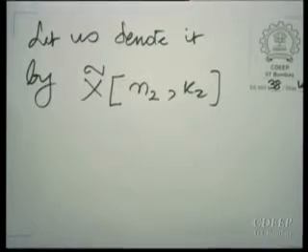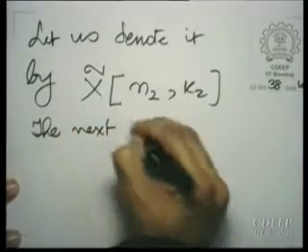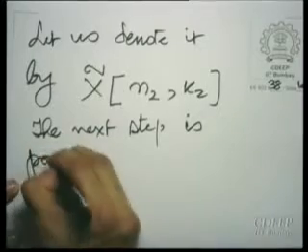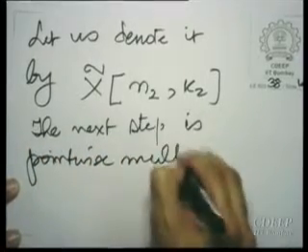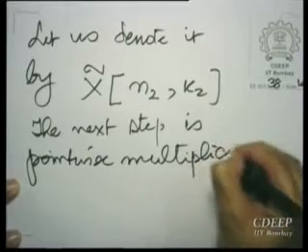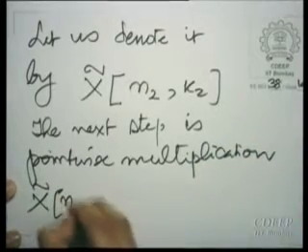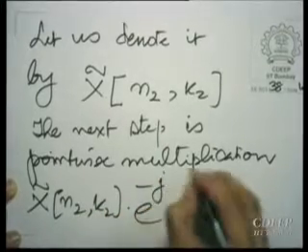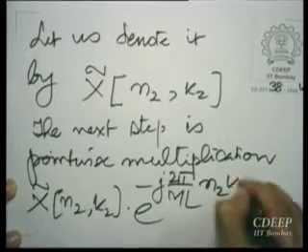So the next step is pointwise multiplication. X tilde n2 k2 is multiplied by e raised to the power minus j 2 pi by ml n2 k2.